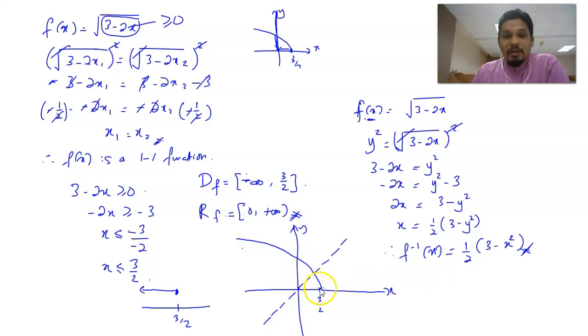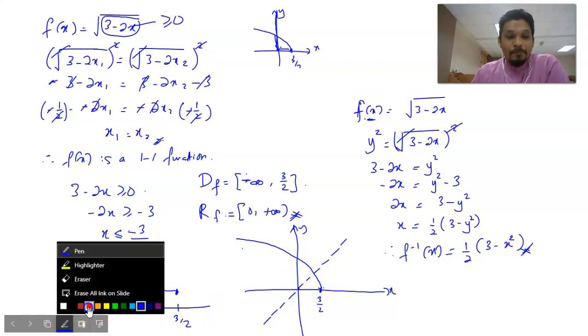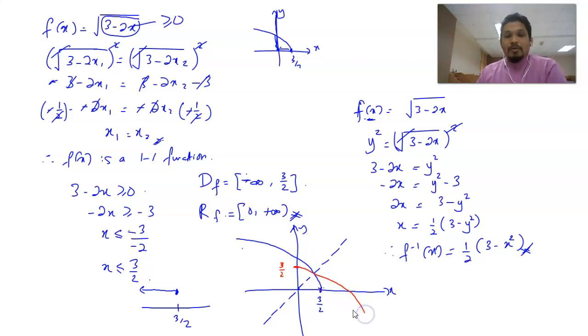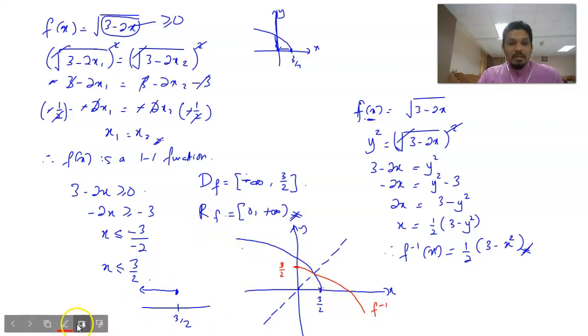Just imagine that I bring this point, the coordinate 3/2 and 0 here, to this point 0 and 3/2. So the starting point is here, there you go. So this is the function f inverse, and this is the function f.